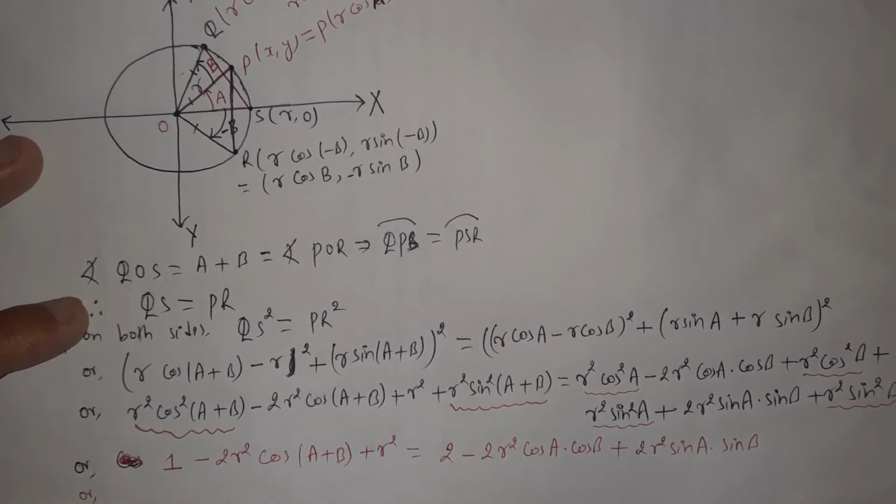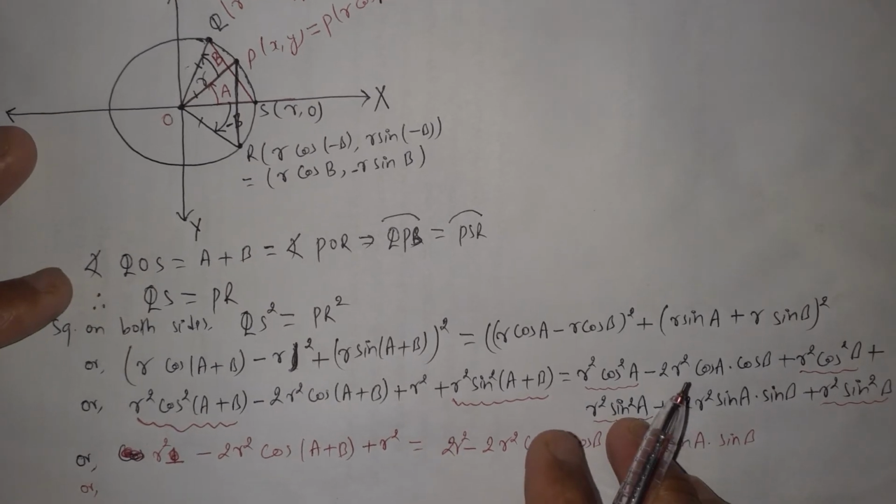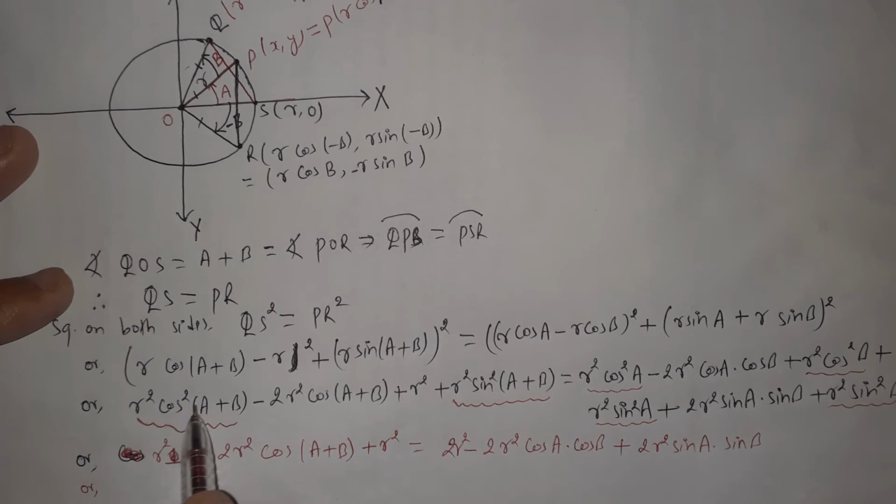Or this can be further simplified. Here this is not 1; we can take r squared as common. We can take r squared as a common factor, and then this will be the formula 1.